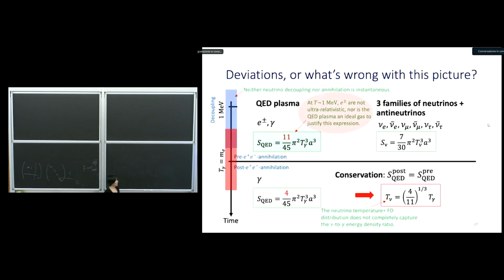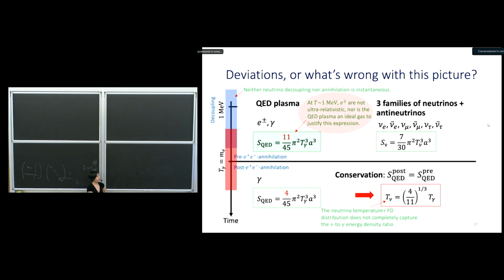One more thing I want to mention is the second place where this picture has gone wrong, and that is over here. Okay, so I mentioned that here in this expression, when we calculated the neutrino temperature, we had to write down the entropy density for the QED sector, and I wrote it down like this.